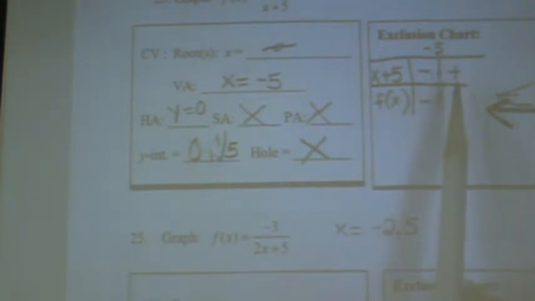And why didn't we have to include 1 in this problem? Because 1 is a positive number. The number of negatives is what changes whether the graph is above the x-axis or below.